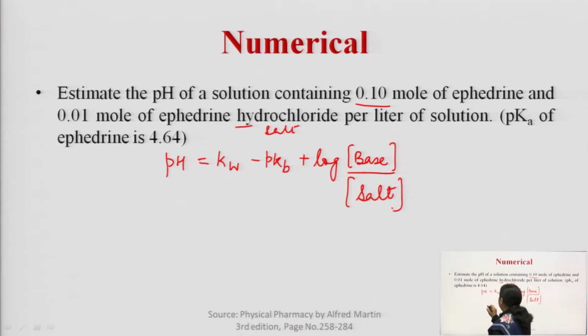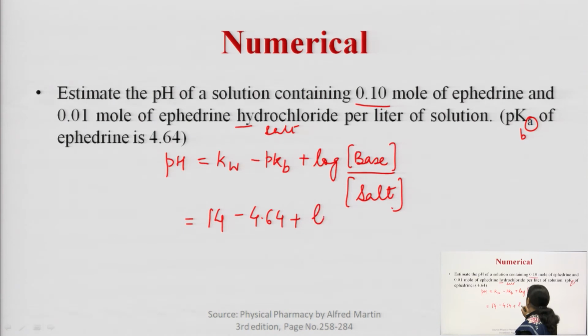right. So, pH is equal to, you know that the value of pKw is constant for water, it is 14 minus, it should be pKb here, right. So, instead of pKa it should be pKb because we are taking a basic buffer, right. So, if it is basic in nature, it should be pKb. So, it is minus 4.64 plus log concentration of base, right.